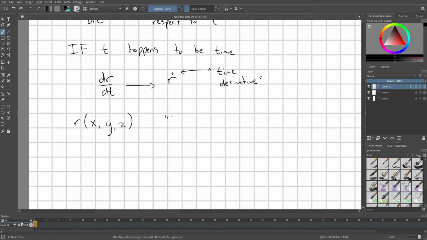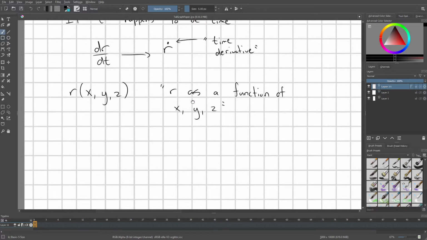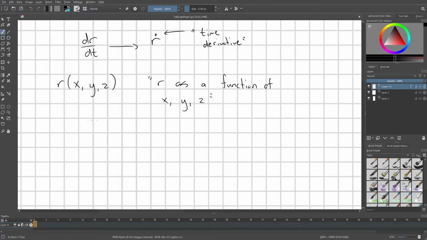So this translates in English to R as a function of x, y, and z. And I could take the partial derivative with respect to any of those variables, right? So when we're multivariable, instead of using these lowercase d's, I use these kind of curly d's.